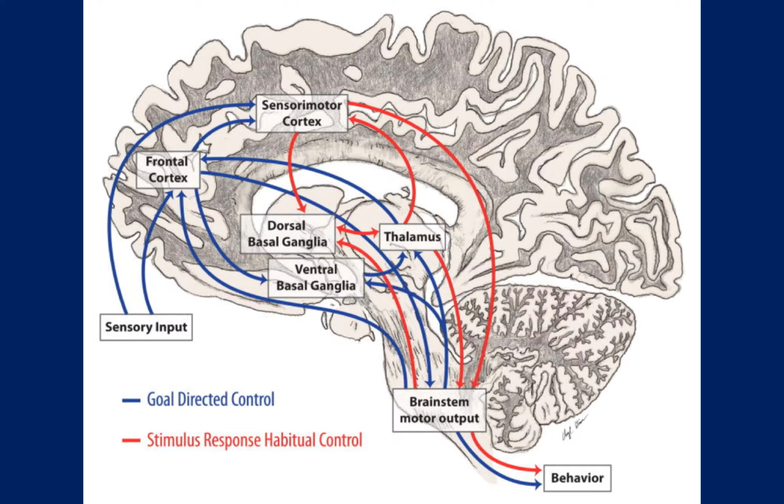So to take a little bit of a closer look, we can take a look at this diagram here, which demonstrates goal-directed control versus stimulus-response habitual control. But for our purposes right now, we're looking at the loops as a whole, not necessarily directed versus stimulus response. And what you note is that the movement is reliant on sensory input, but this sensory input is processed in multiple different regions. It's processed in the frontal cortex as well as the sensory motor cortex.